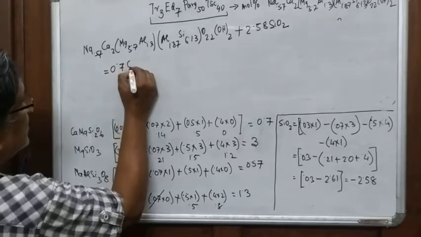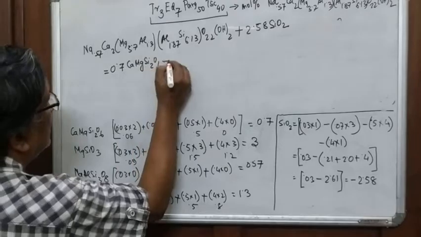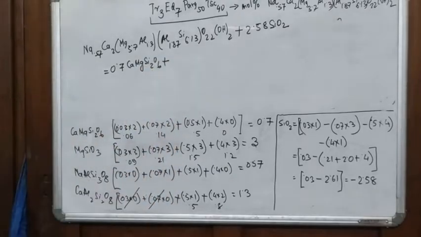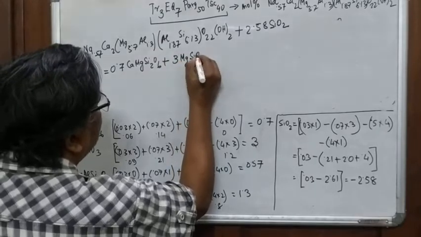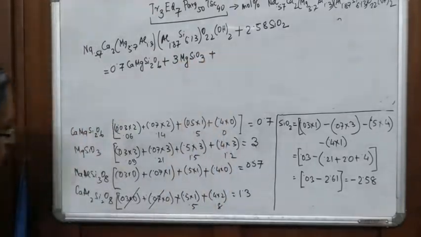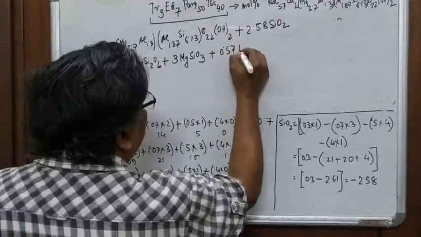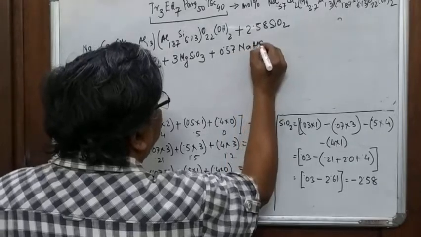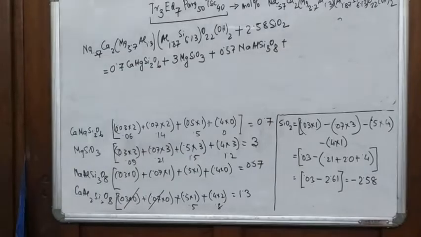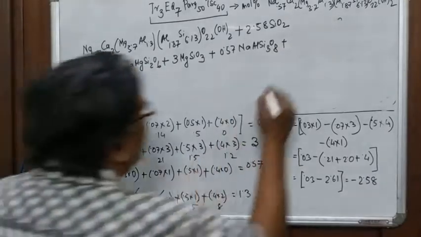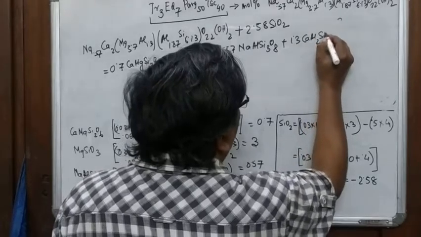And this should be equal to 0.7 CaMgSi2O6 plus 3 MgSiO3 plus 0.57 NaAlSi3O8 plus 1.3 CaAl2Si2O8.